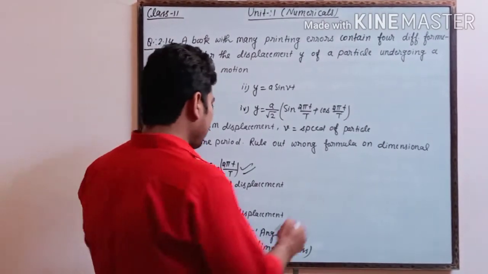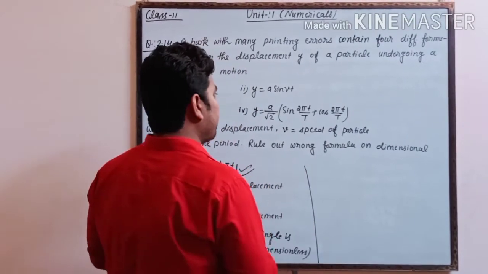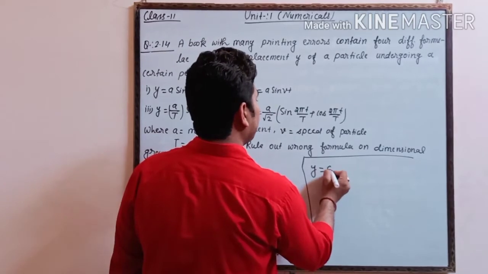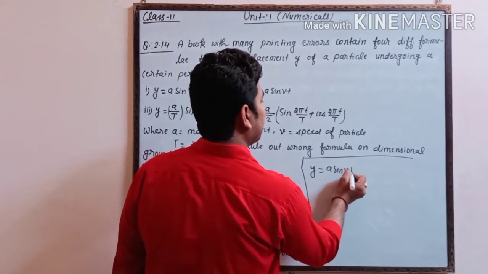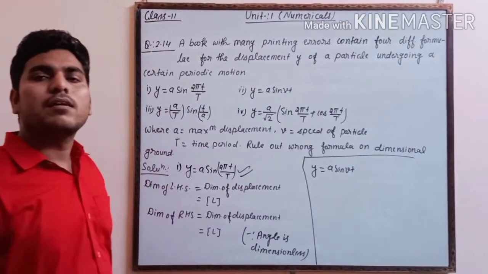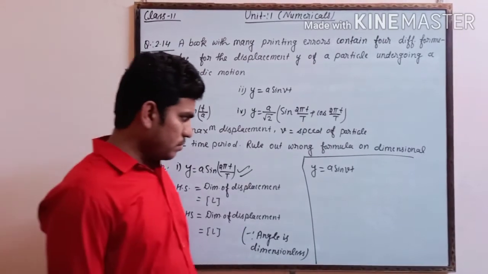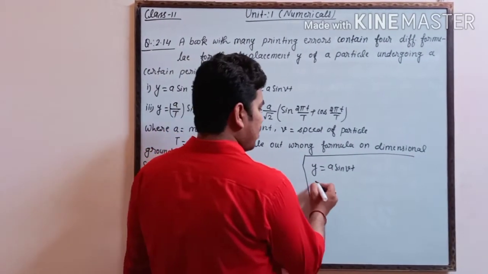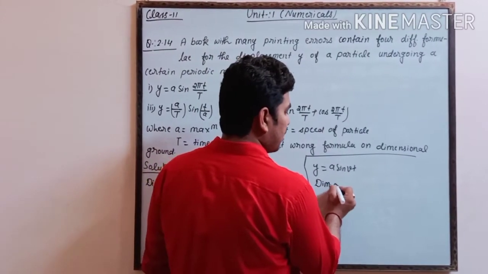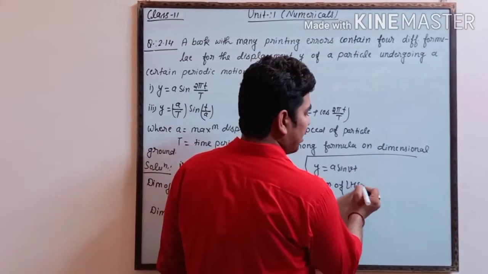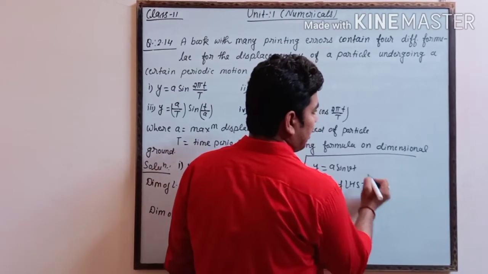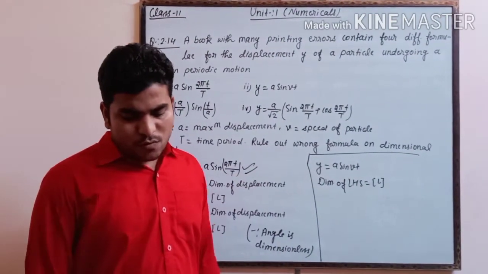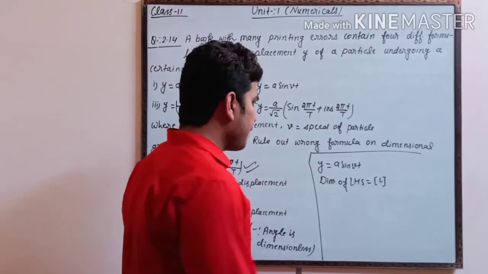Okay, let's check out another example. This is y is equal to a sin vt. Okay, dimension of LHS is always L, and in right side it is a sin vt.